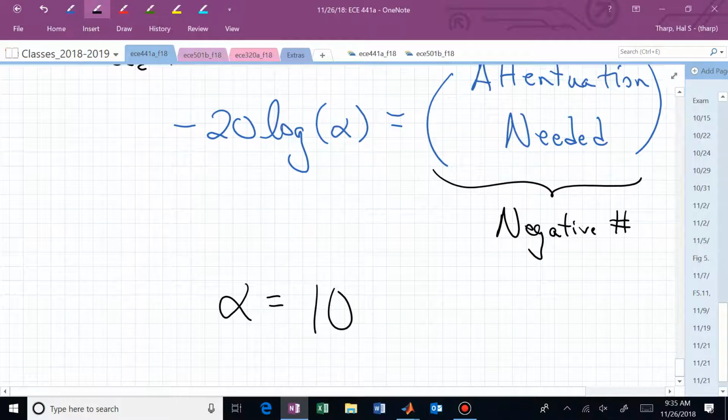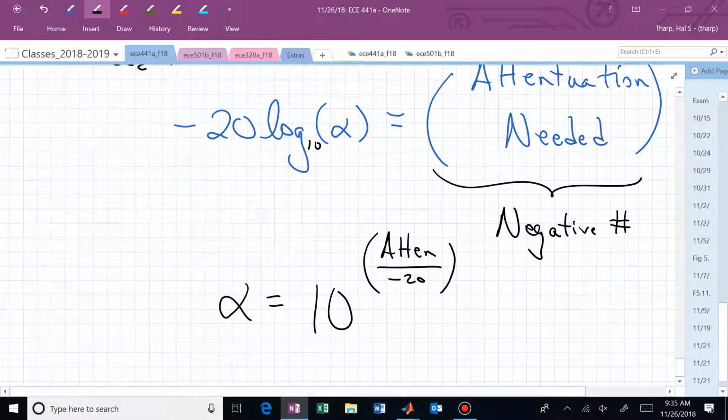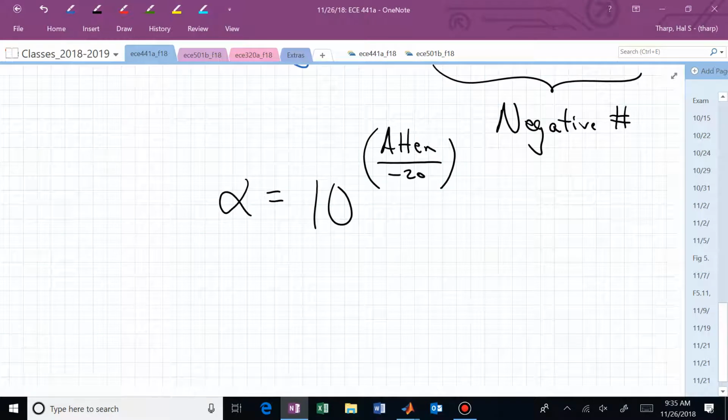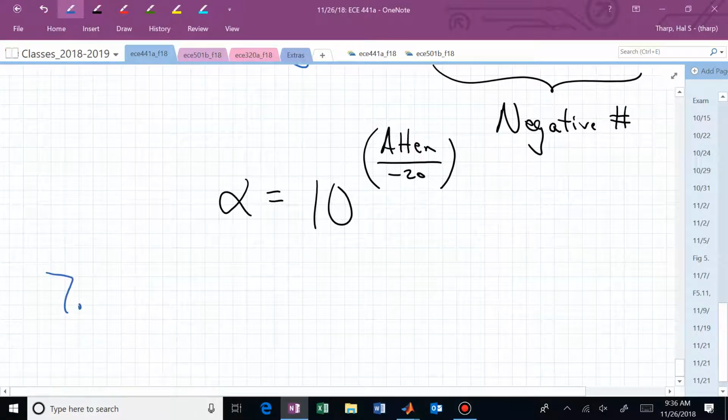Alpha is now 10 raised to, because this was base 10 log, attenuation divided by minus 20. Once we have alpha, now we can find our pole, since alpha tells us how much lower the pole is than the 0.